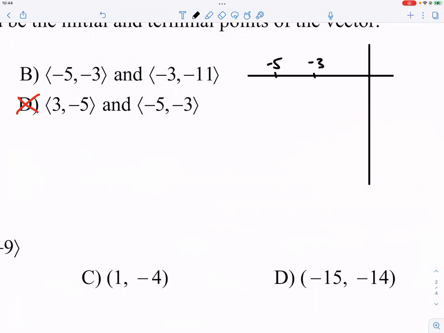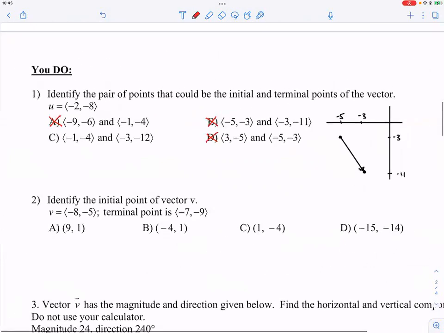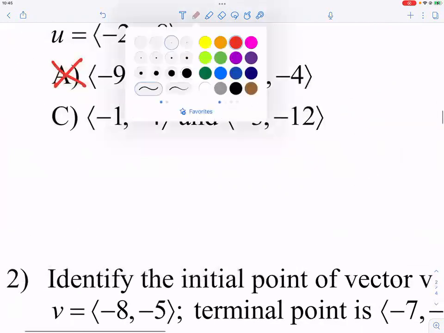-5, -3, -3, -11. So we have a point right here, a point right there. If you join these 2 points, it's actually moving to the right 2 units and down 8, not to the left. So B is not correct. We want the vector to move left 2 units and down 8 units.